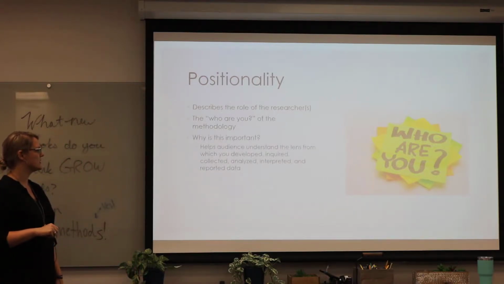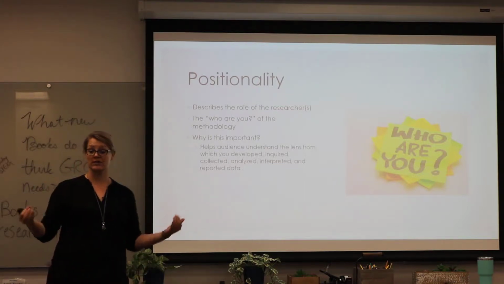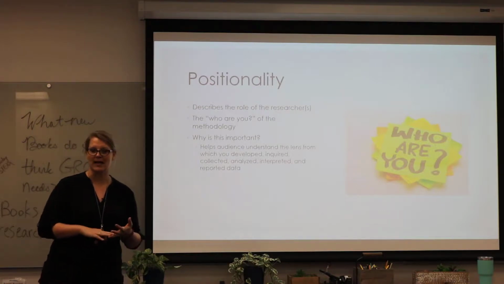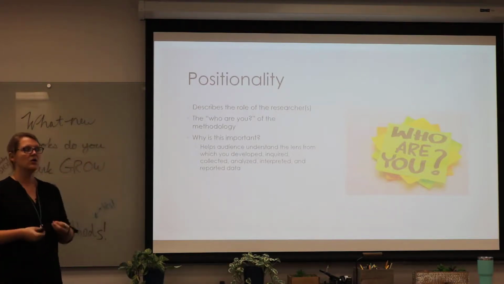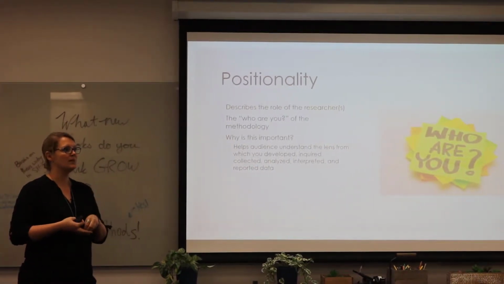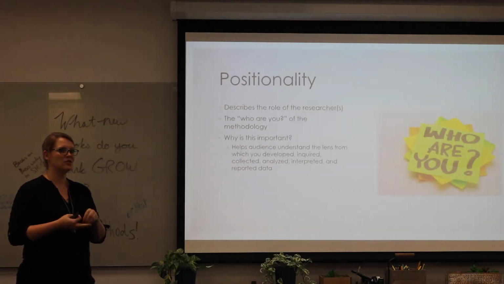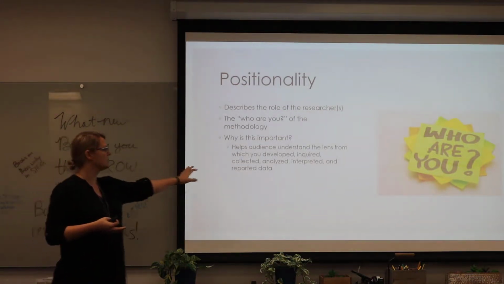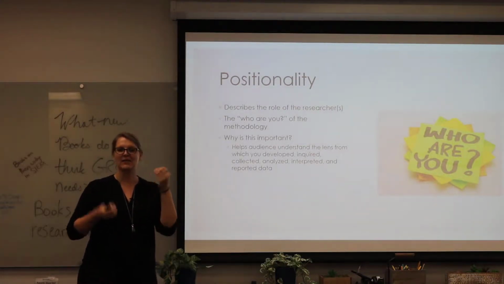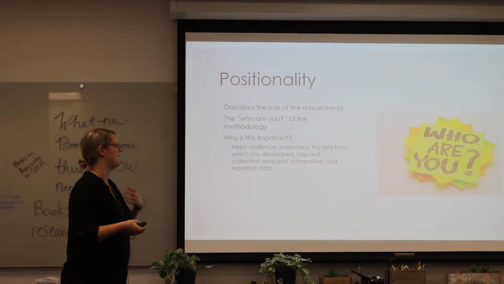So in qualitative research, it's essentially identifying who you are as a researcher or research team. So if there were multiple people involved in data collection and analysis, it's really important that you identify your position for each of those. It's less to be objective and more to really understand how you collected the data, the lens with which you collected the data and processed the data and analyzed it.